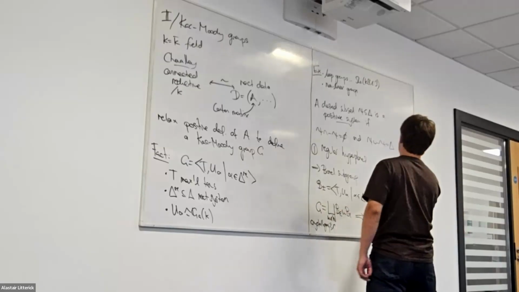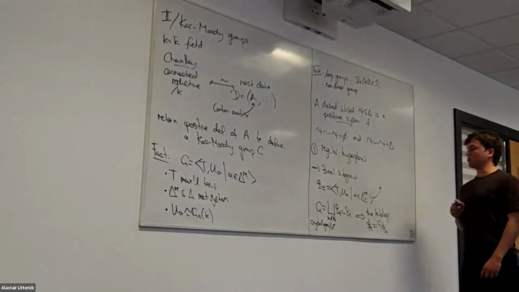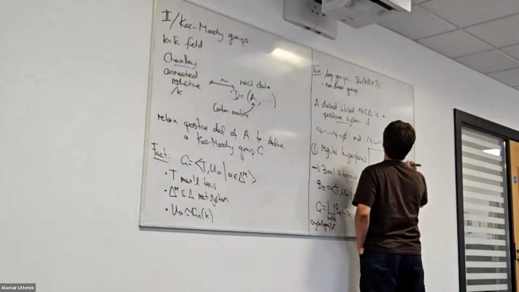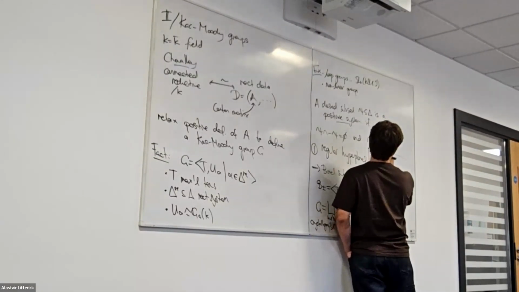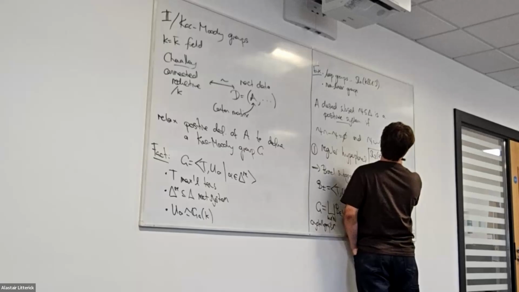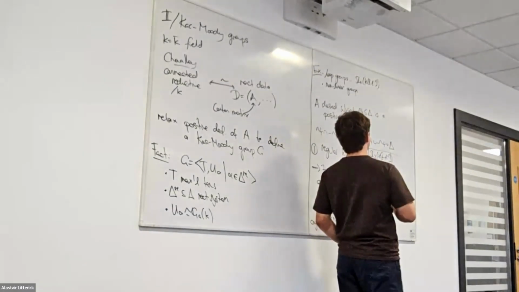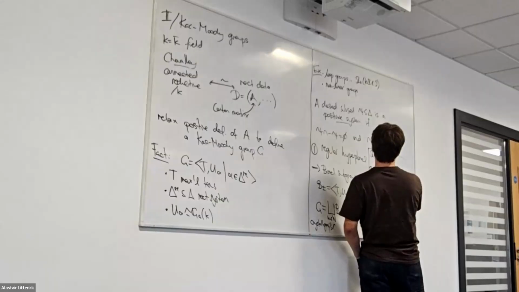And so maybe I should just give an example of what these Borel subgroups look like. Well, in the loop group, so let's take the simplest loop group, maybe SL2. These things are conjugate to upper triangular mod t, or upper triangular mod t inverse.